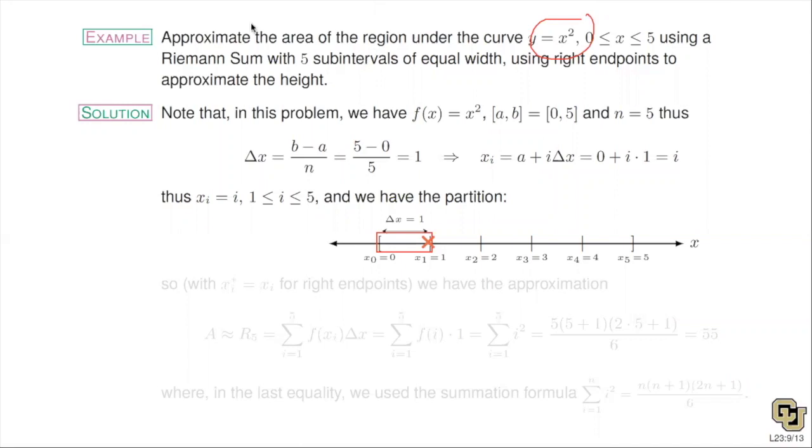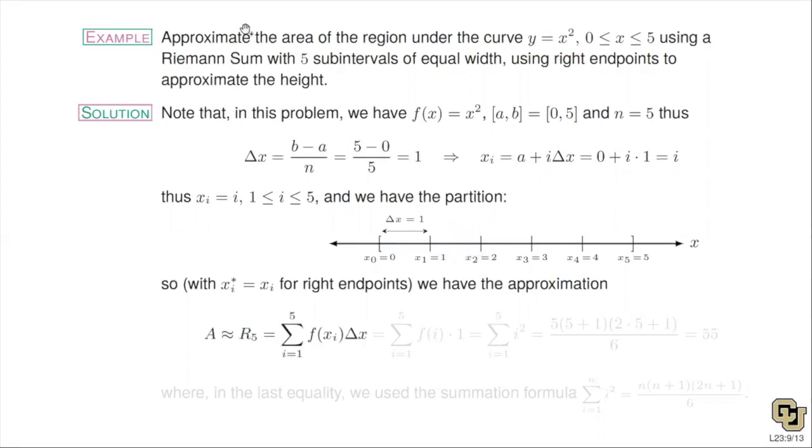For the second subinterval, same concept. I'm going to go to the second subinterval, choose the right endpoint here. The y value at the right, so f of x sub 2, f of 2 will be the height times delta x, which is 1, and that'll give me the area. So here I did it in two ways. So here I did it using the notation.